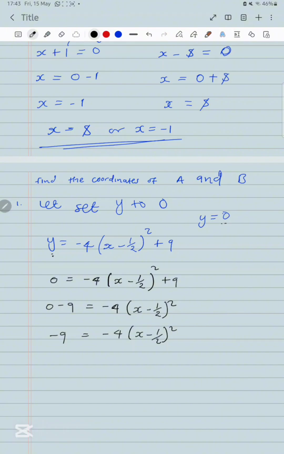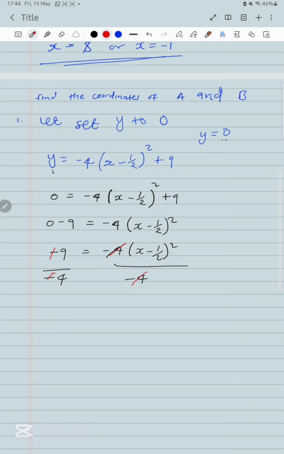Now we can remove this negative 4 by dividing both sides by negative 4. The negative 4 and the negative 4 go. The negative and the negative form a positive.